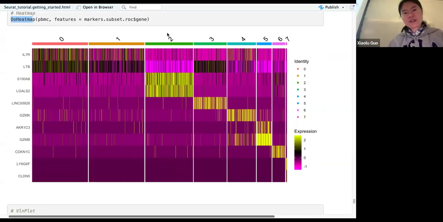We can see that cluster 2 cells highly express these 2 gene markers, and for all other clusters of cells, they don't express these 2 markers at all. And so if this is a good set of gene markers, what would we expect to see?